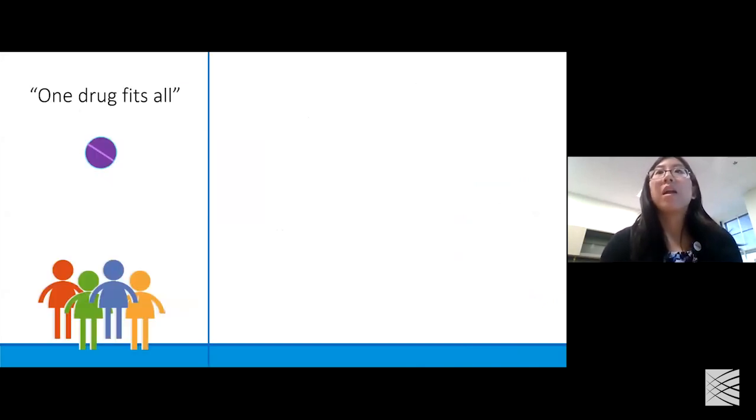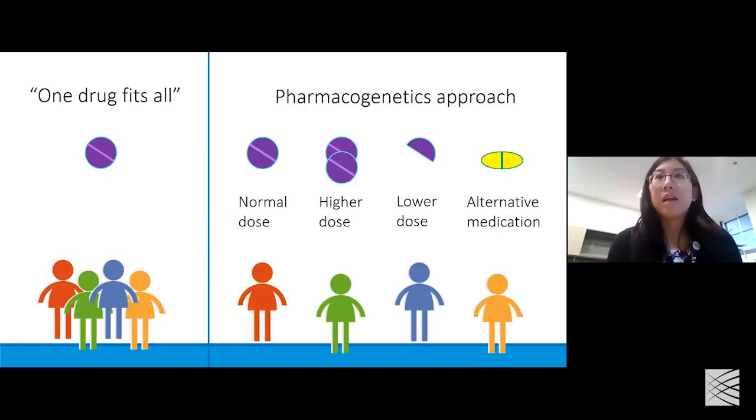The goal of pharmacogenetics is really to change the approach from one drug fits all to one where we personalize the approach, and patients based on their genetic variation can be given the optimal drug and dose to maximize efficacy and reduce toxicity. And so this may mean an individual receives a higher dose of a medication, a lower dose, or an alternative medication altogether.